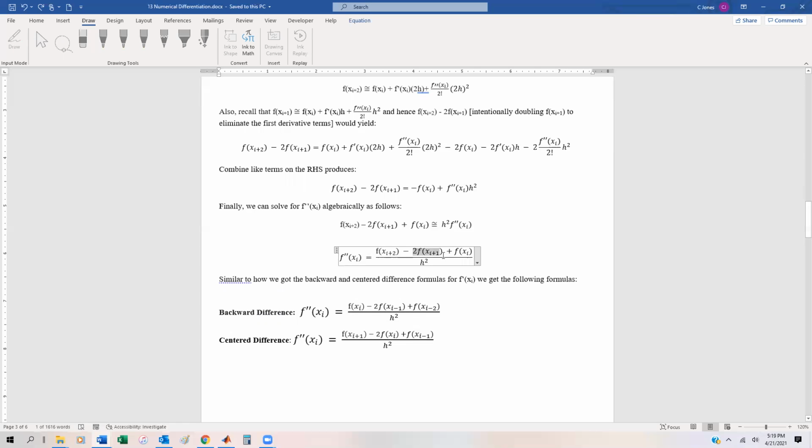We have negative 2 f x sub i plus 1, and then we just have our f x sub i plus 2. And eventually we'd end up with this formula by substitution and just going through and simplifying it, just like we did before. So pretty cool that we can derive these systematically at this point.